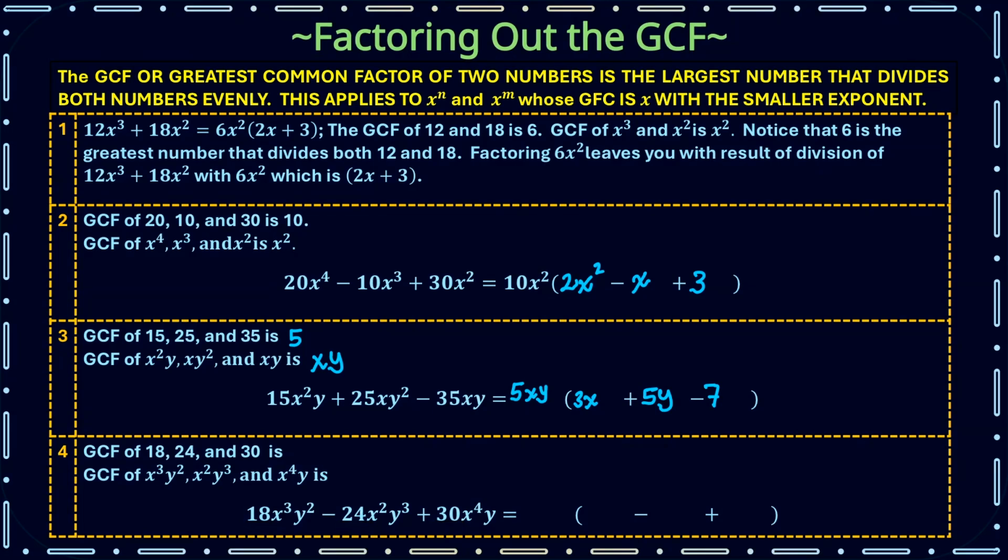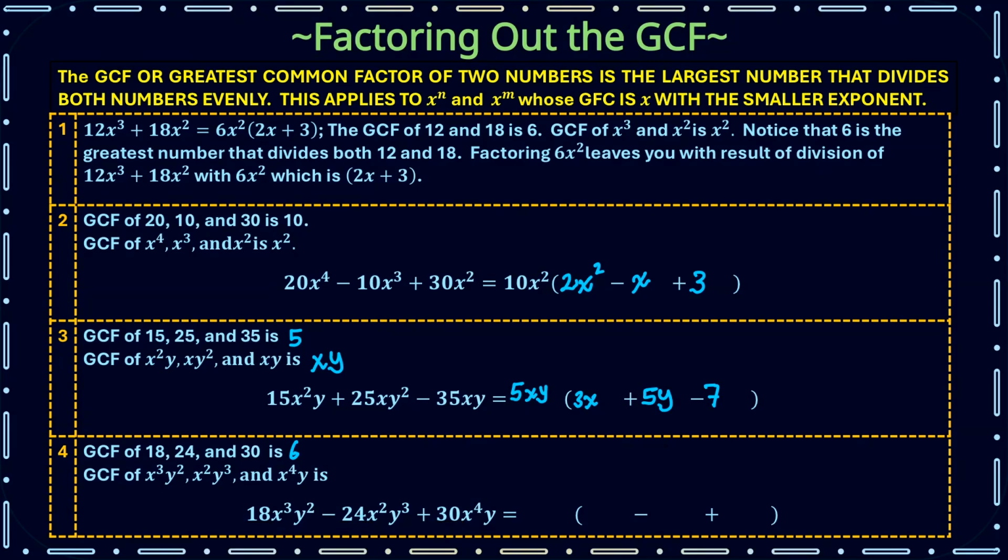So just keep trying. 4 is not a factor of 18 or 30. 5 is not a factor of 18 and 24. And then we have 6, which is a factor of all. 6 can evenly divide 18, 24, and 30, and that happens to be the largest factor.